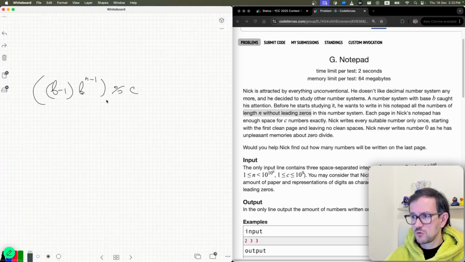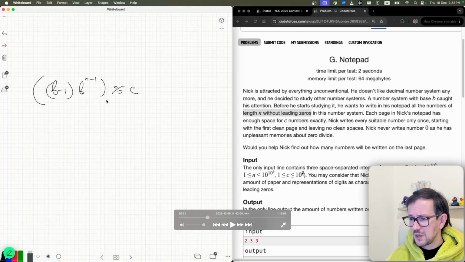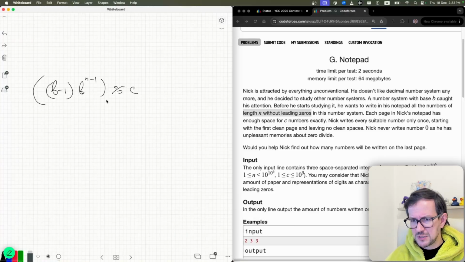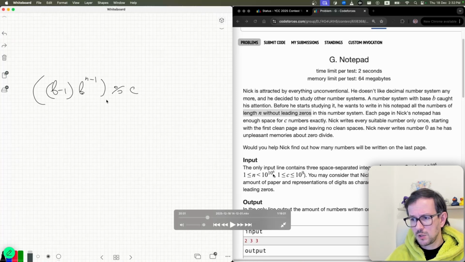Some of you solved it using Euler's theorem. I actually don't know how to solve it using Euler's theorem. Well, maybe I know, but it's not that easy, because for Euler's theorem you need the number to be coprime with c, and my c may not be prime. If the modulus is prime, it's kind of easy.